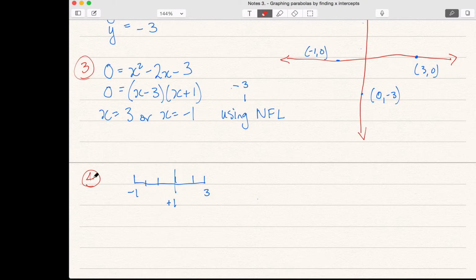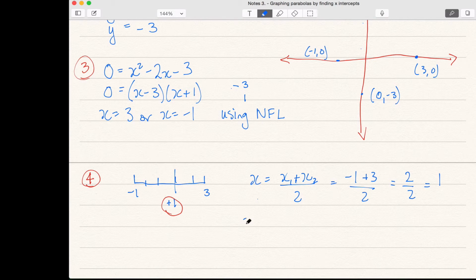The other method that you could have used was x1 plus x2 divided by 2, which would be negative 1 plus 3 divided by 2. Negative 1 plus 3 is 2 on 2, which equals 1, which is what we came up with here.